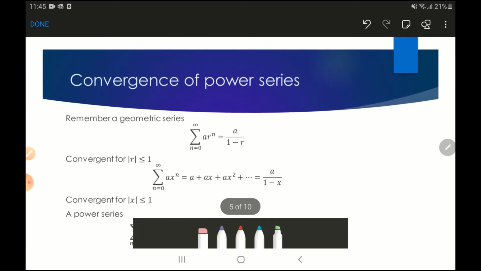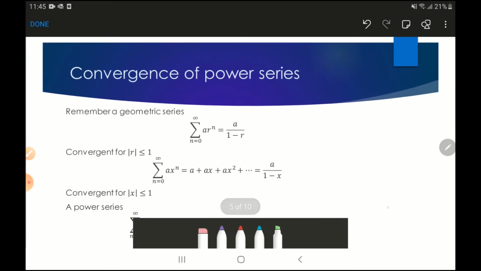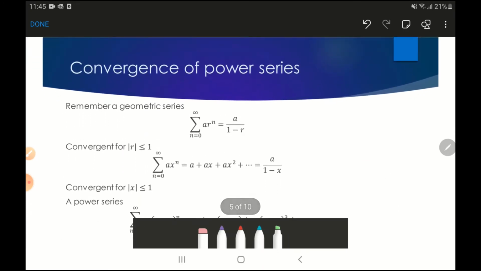Now, how to determine whether a power series converges or not? Actually, we don't say that a power series will converge or diverge, but we analyze for what values of x this power series converges.